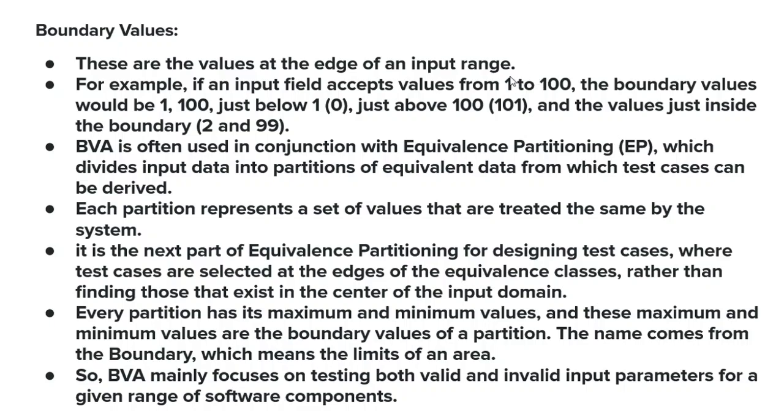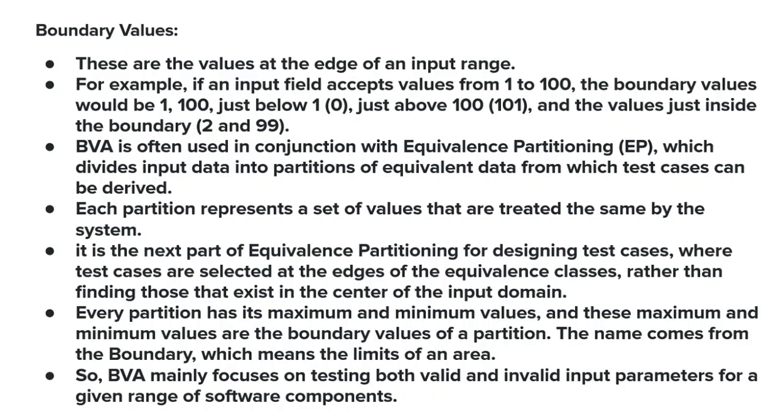And the immediate values which are just inside the boundary, that means 2 and 99. Just after 1 there is 2 and just below 100 there is 99, which are inside the boundary range. So we have to consider the boundary value, one value lesser and one value more in the boundary range. These are the 6 values we have to consider as test input for boundary value analysis, and we have to test all these 6 values.